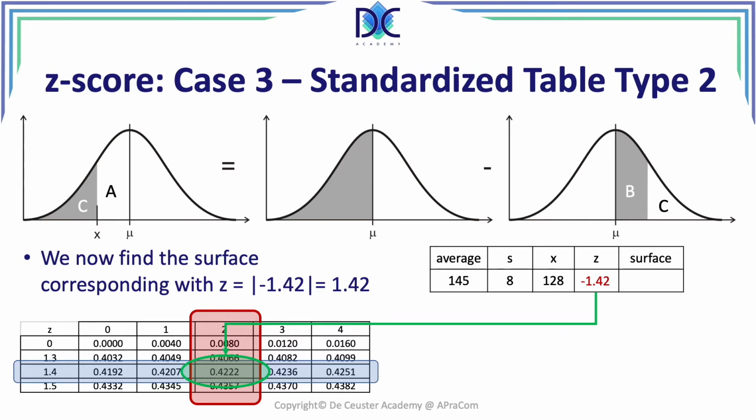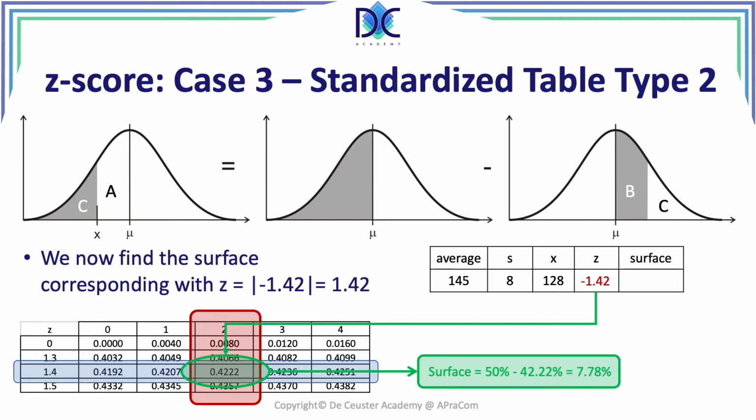We took the absolute value. From this we can calculate the surface which is equal to 50% minus 42.22%, which is equal to 7.78%, which gives us the surface C that we were looking for.